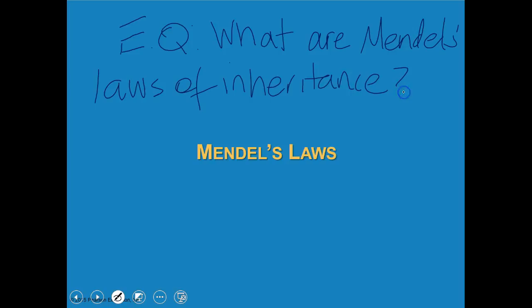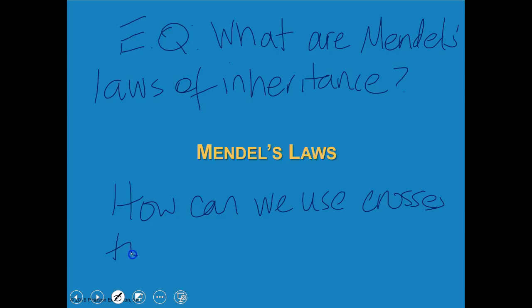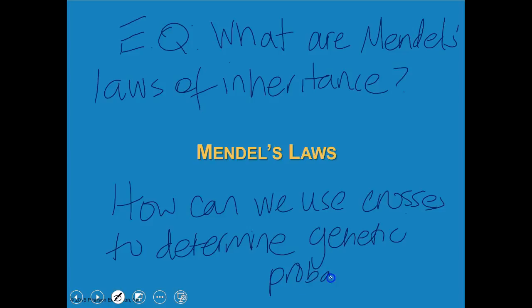And two, how can we use crosses to determine genetic probability? Probability or possibility, either is a perfectly good word to put there.